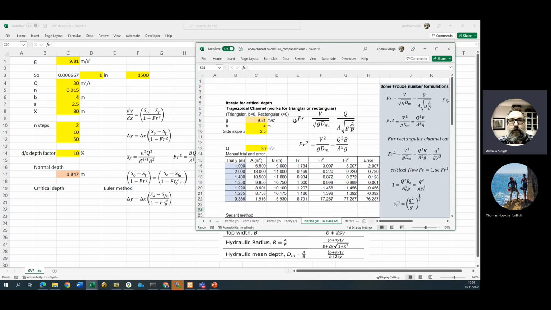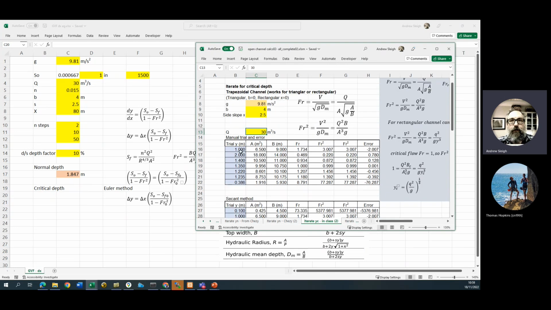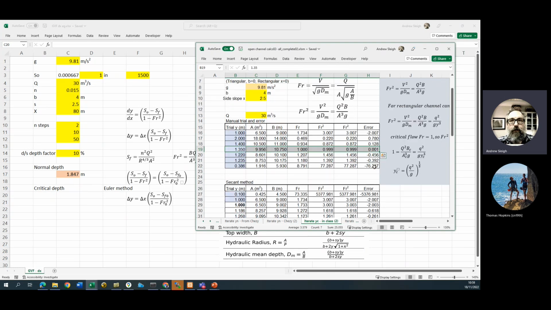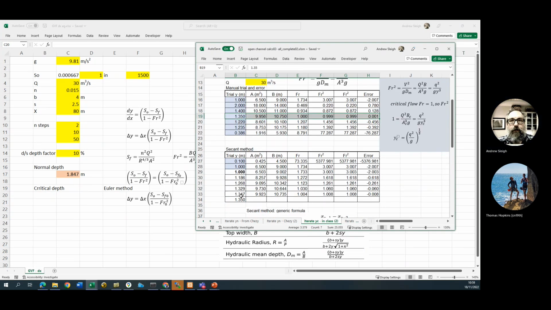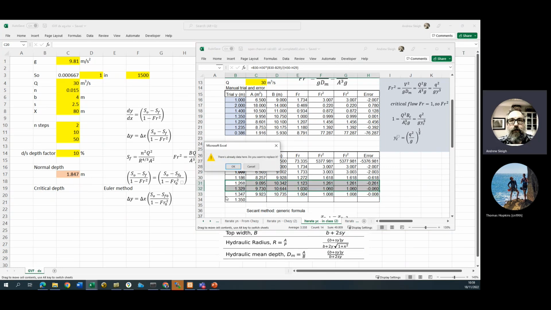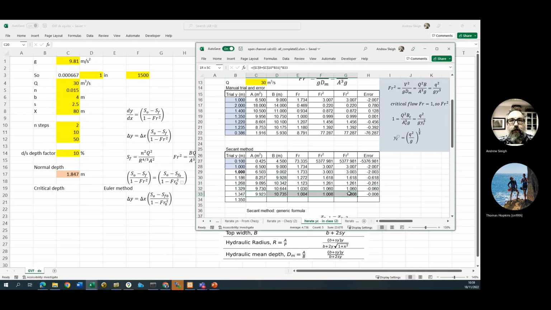So we're going to do critical depth. We've got B as 4, side slope is 2.5, Q as 30, and if we enter some trial and error values, you get to about 1.35 there, down to 1 litre a second accuracy. 1.35 actually is as accurate as we're going to get there for 3 decimal places.